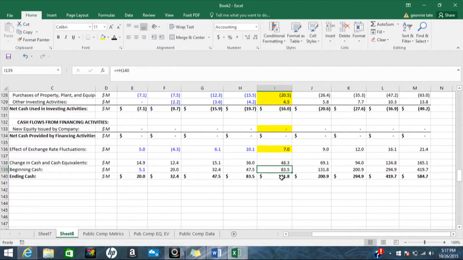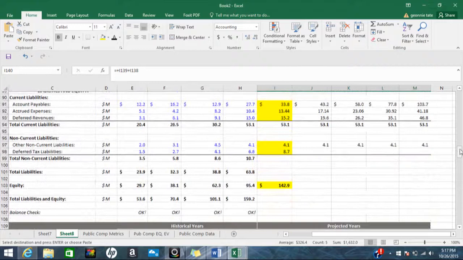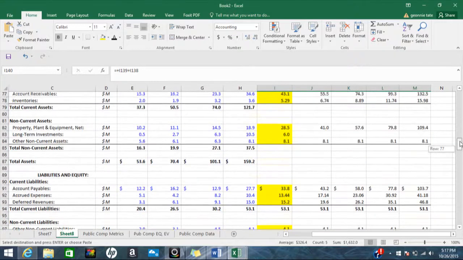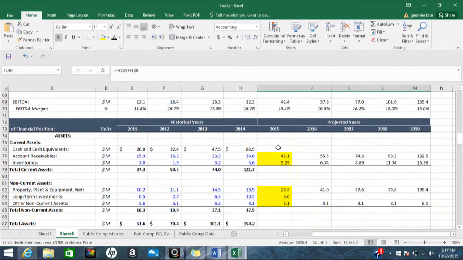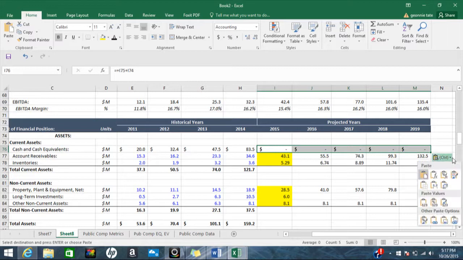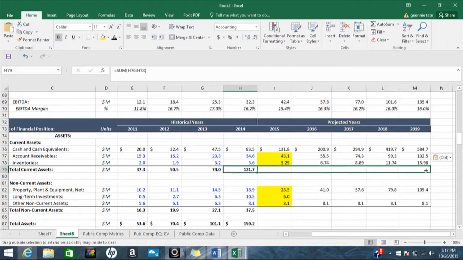I'm going to take my ending cash and put that as the cash in my balance sheet up top here. And now the fun part is seeing if everything balances.